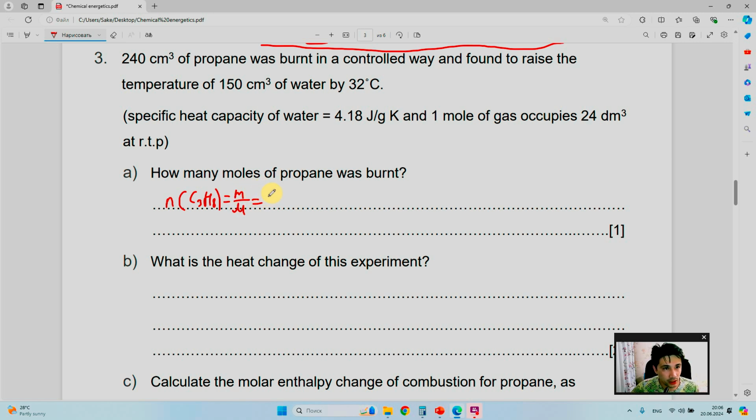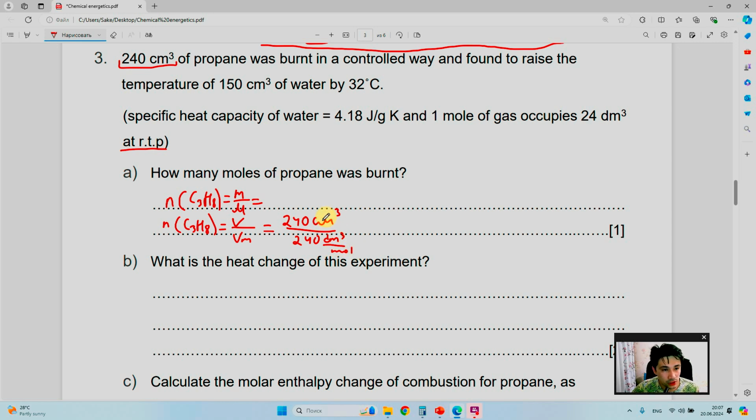In order to find moles of propane, we simply need to use that formula. For any gaseous substance you can apply these formulas. In order to find moles, you simply divide the volume by the molar volume, and at room temperature and pressure, molar volume equals 24 decimeters cubed per mole. So 240 centimeters cubed divided by 24 decimeters cubed per mole.